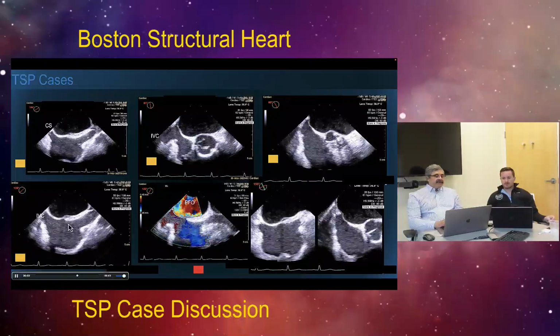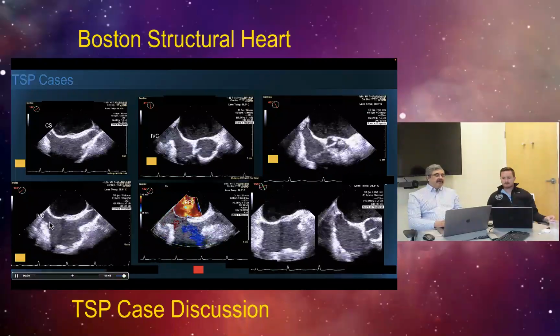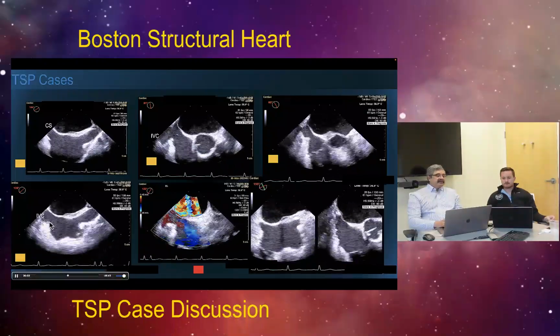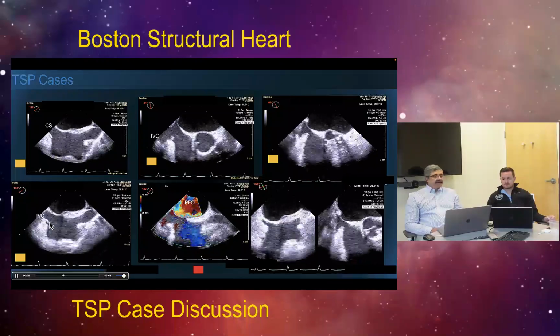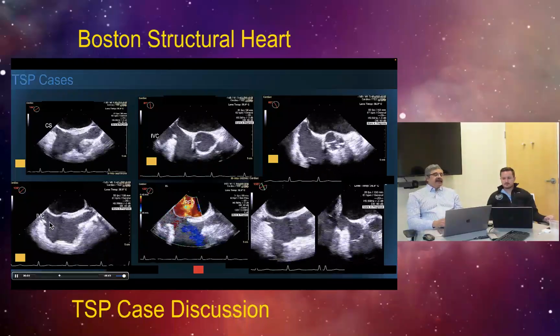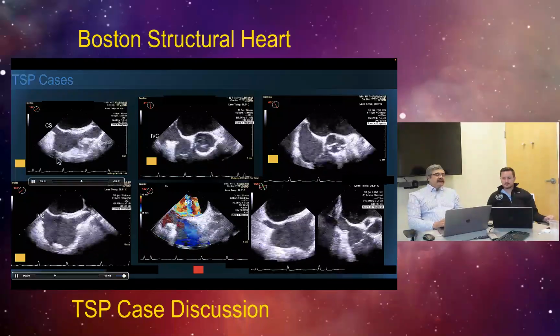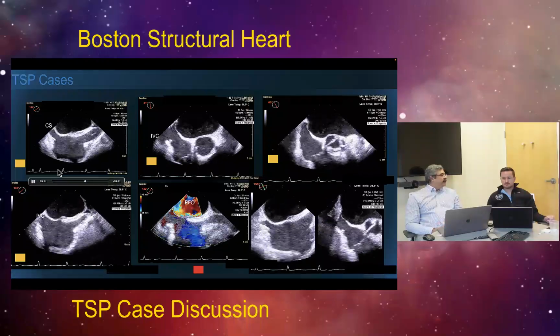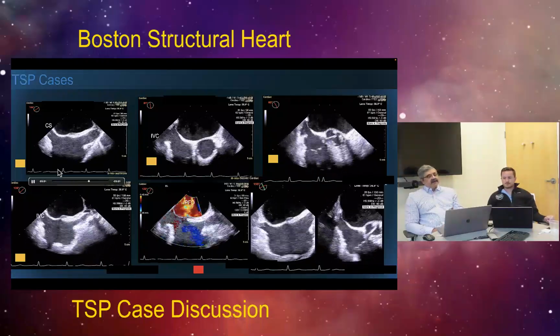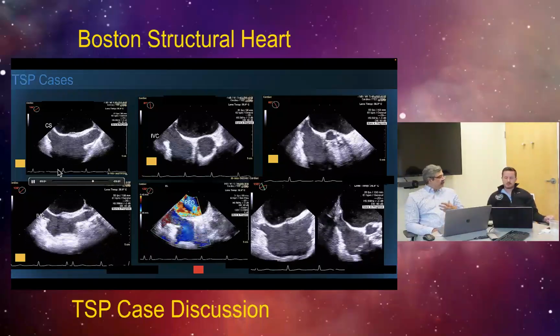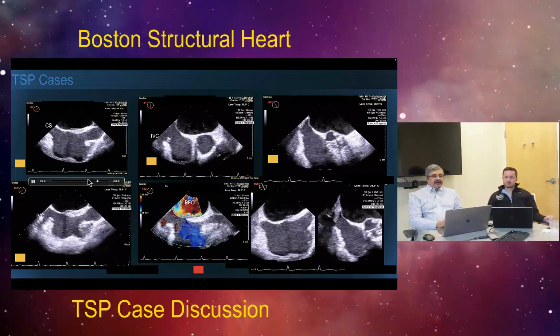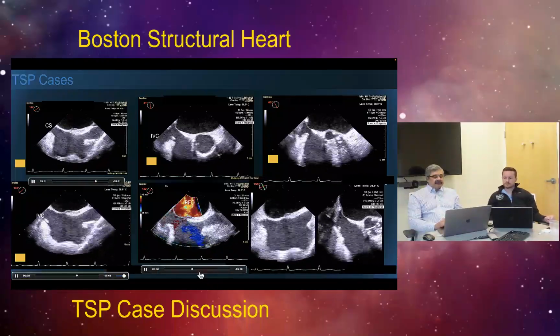The presence of the eustachian valve, while not that prominent in this patient, is a clear indication that this is inferior vena cava draining into it, and the presence of the septal leaflet of the tricuspid valve below this opening implies that this is not the inferior vena cava but the coronary sinus. So that's an important distinction between the two of them.